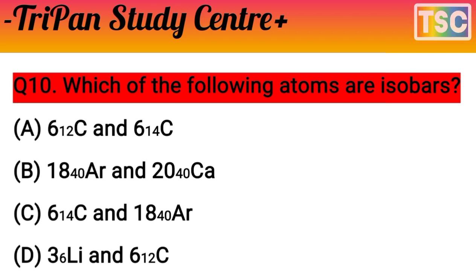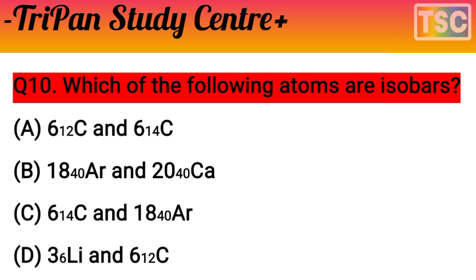But first of all, you understand what isobar means. Isobars have different atomic numbers but the same atomic mass number.